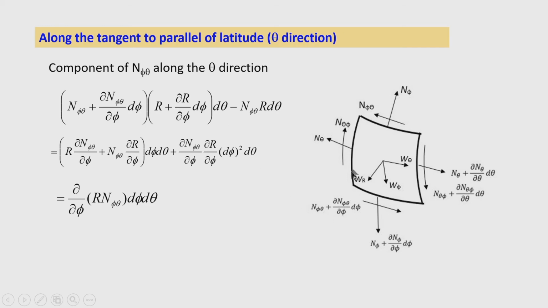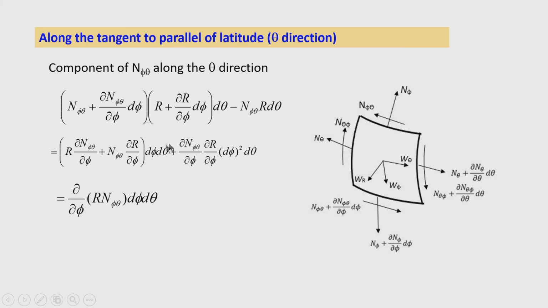This arc length is taken here, and then n phi theta r d theta is the total force along these edges, and it is along the negative direction of theta, that is, along the decreasing direction of theta. Therefore, it is taken as negative.